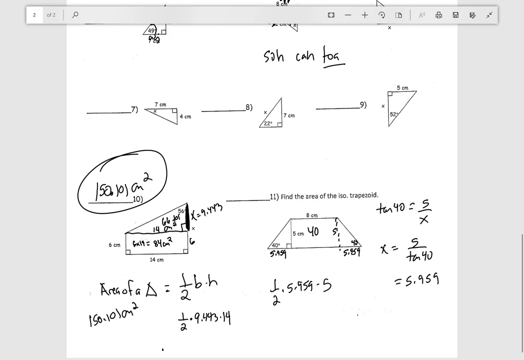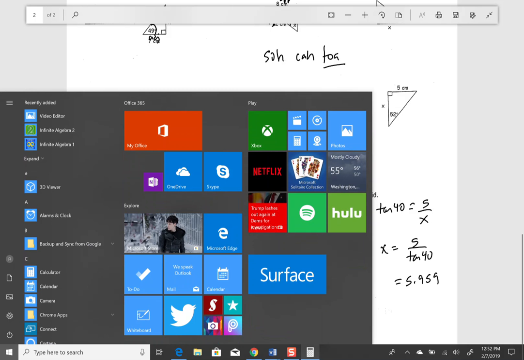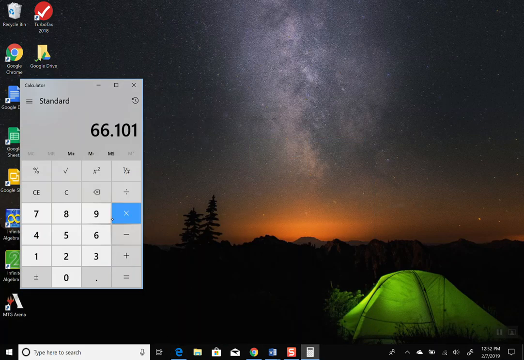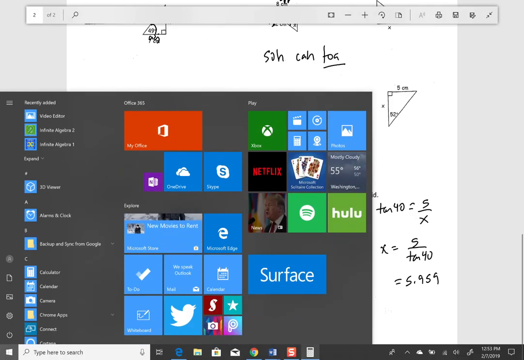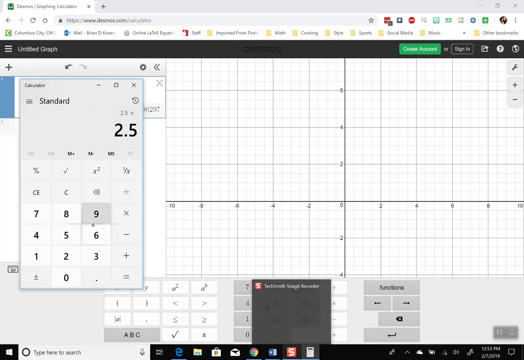So it's going to be half of 5 is 2.5 times 5.959. Gets you 14.898.